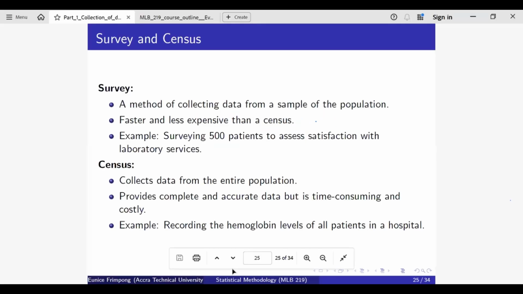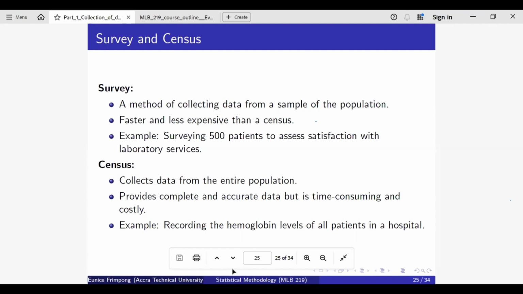Now let's look at survey and census. Take notes. These are methods of collecting data. A survey is a method of collecting data from a sample of the population. A census is the activity of collecting data from the entire population connected to your study.